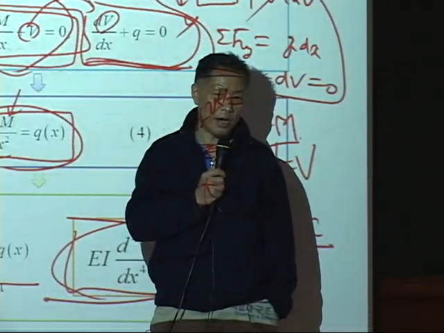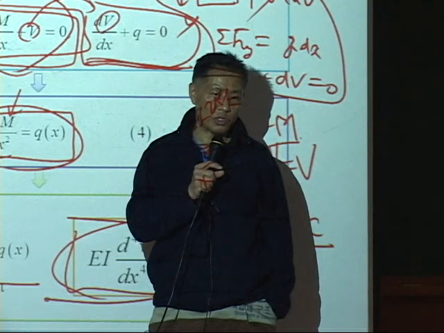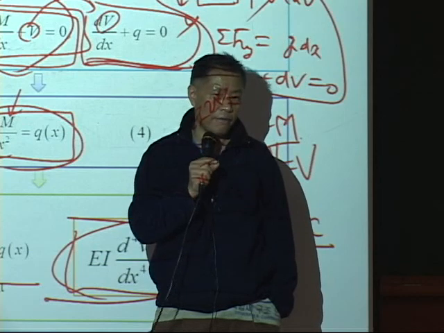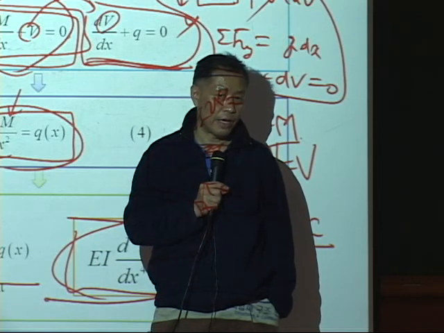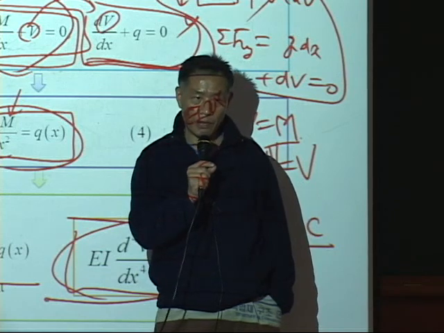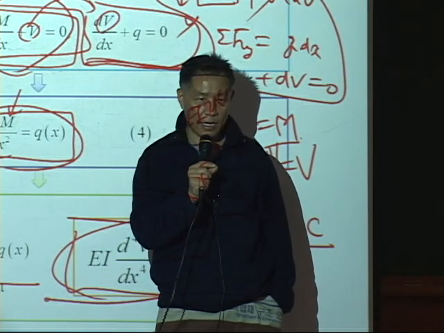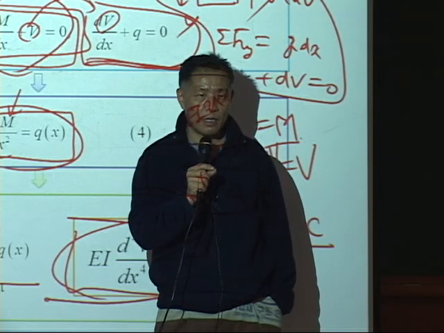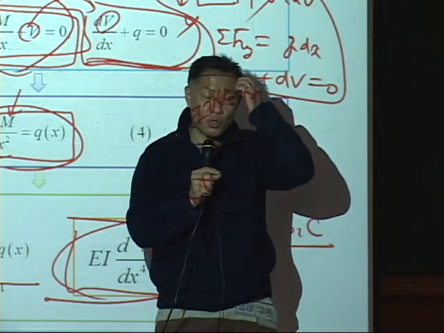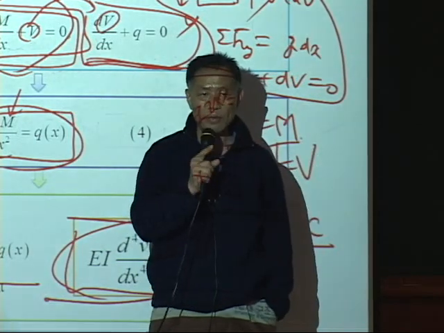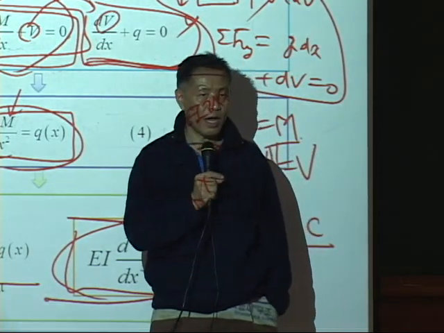Okay, if we combine those two equilibrium equations, we are eliminating V. And what do we have? The second derivative of moment, right? The second derivative of moment will be equal to what? Q(x), right?